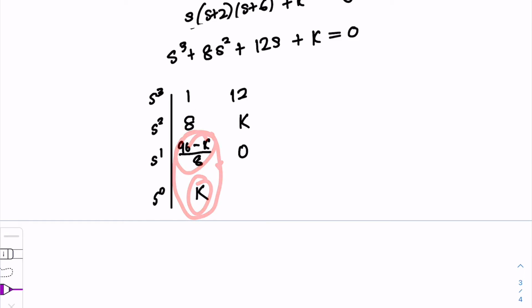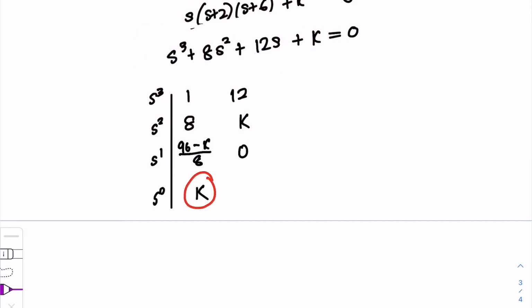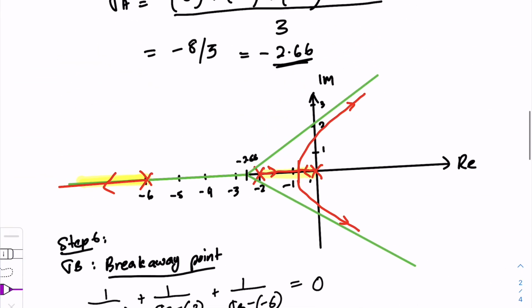If I have the first one, when k equals 0, that will not give me the point that I'm looking for. When k equals 0, that is where the system has just started, but the position is already in the middle of the root locus. In the middle of the root locus, k cannot be 0, because we know the root locus starts when k equals 0 and k increases from 0 to infinity.